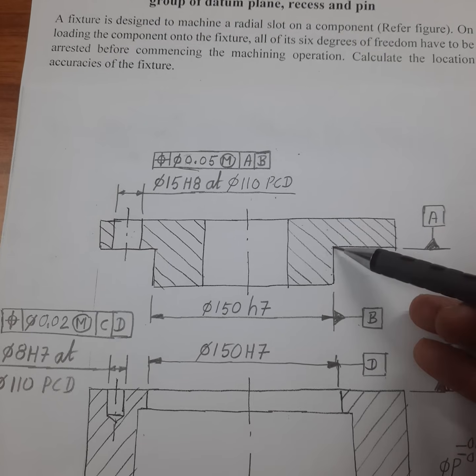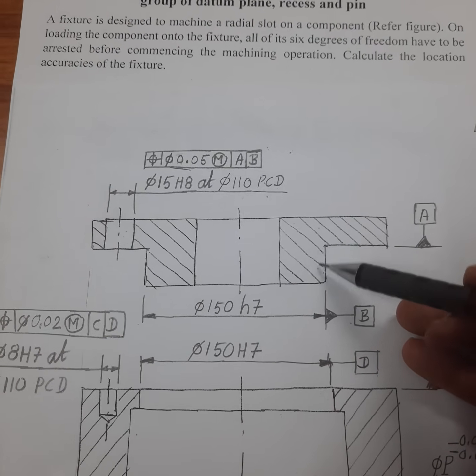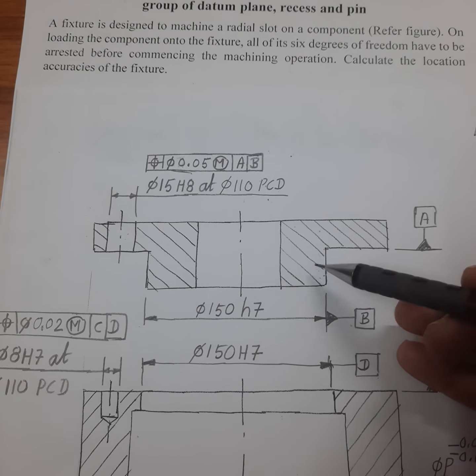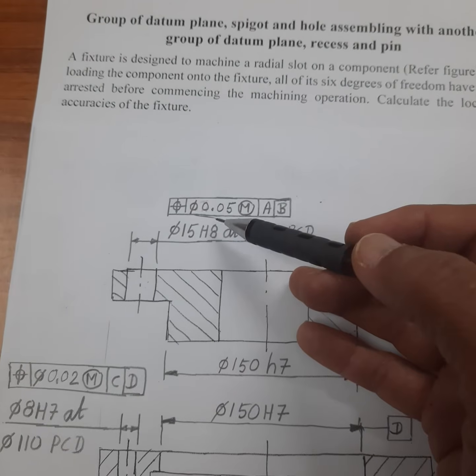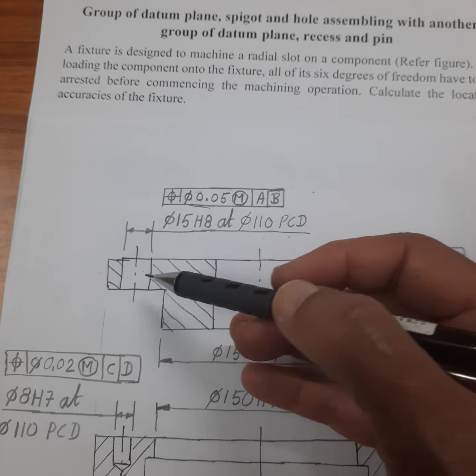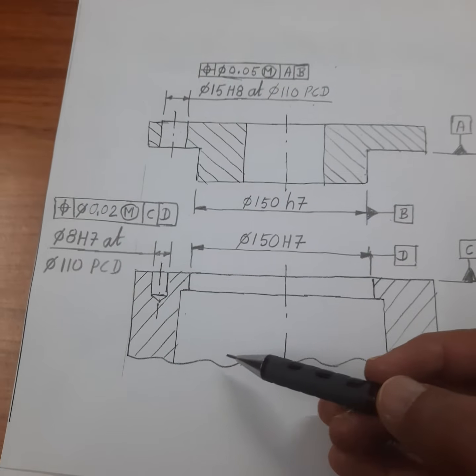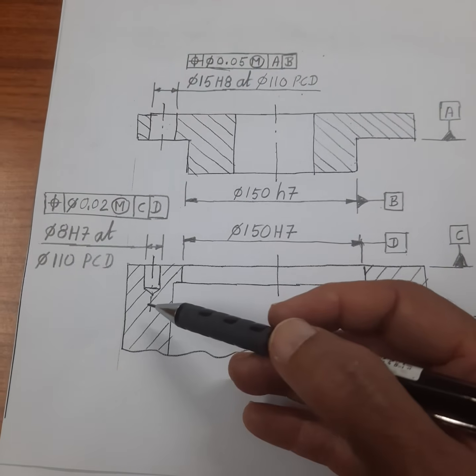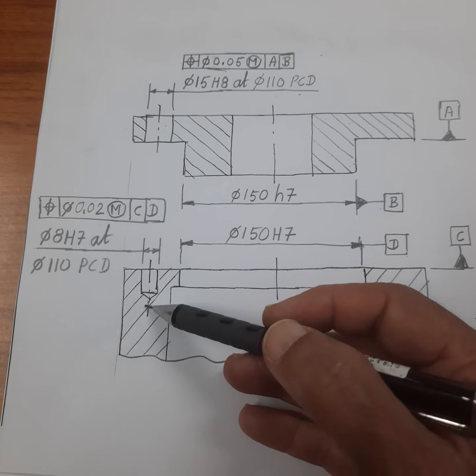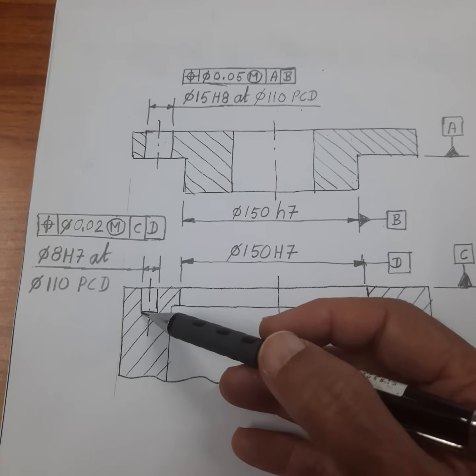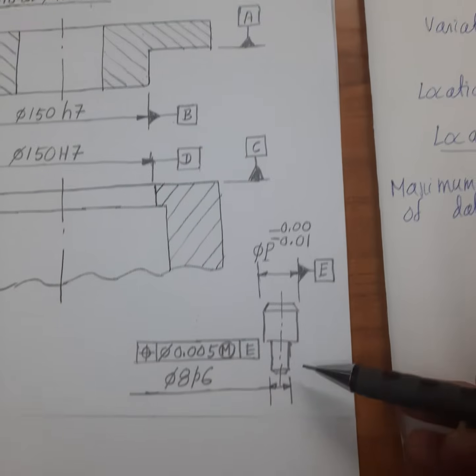So the PCD axis is coinciding with the axis of this spigot. So now this is the positional tolerance assigned to the location of this datum hole. On the fixture, we have to drill a hole for the purpose of fitting this pin.